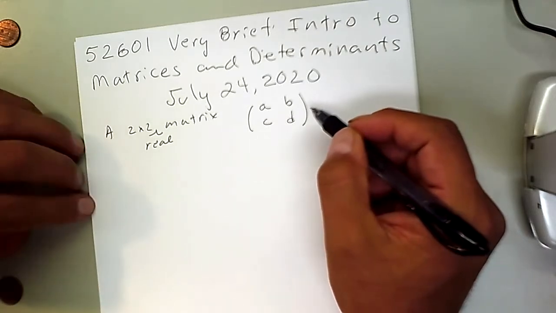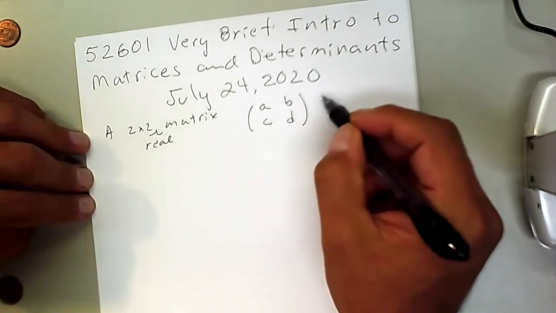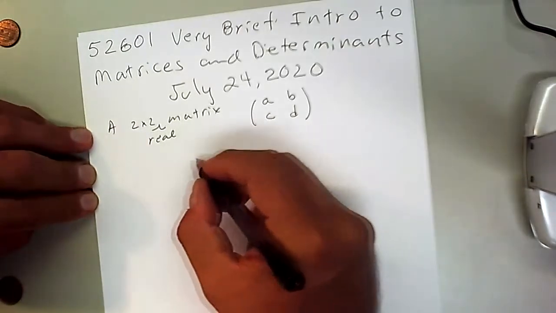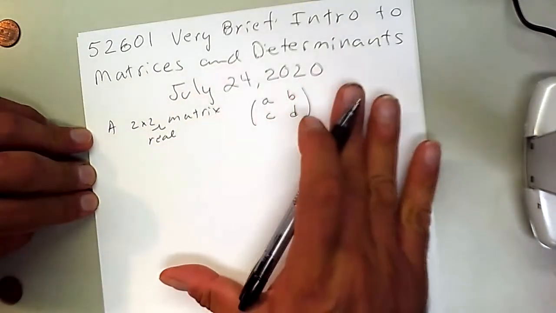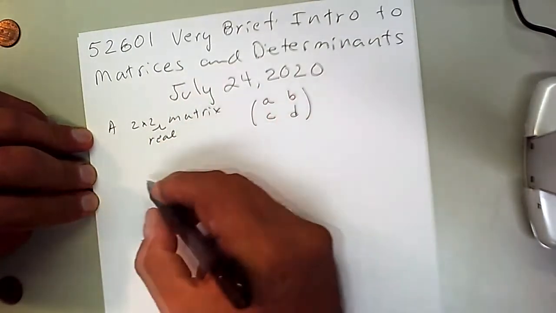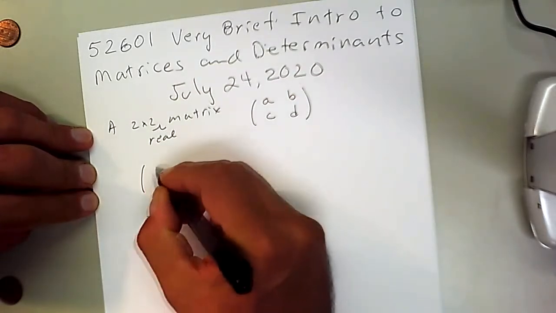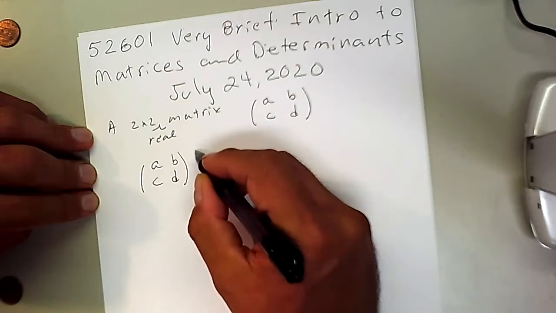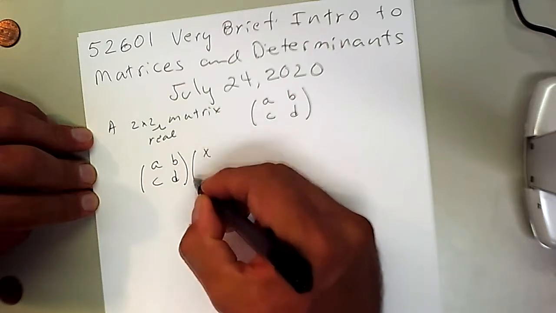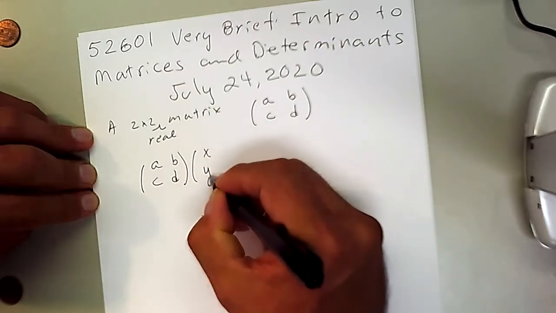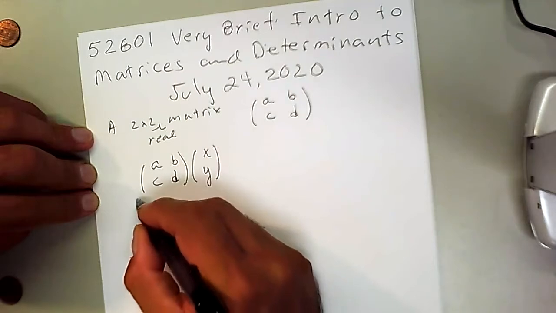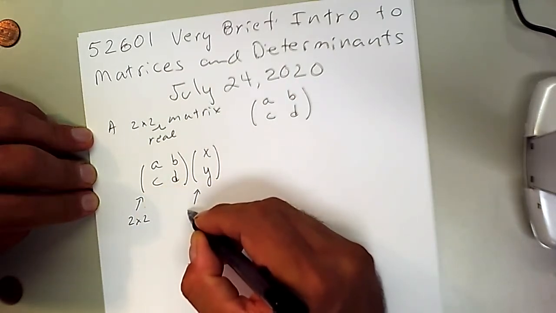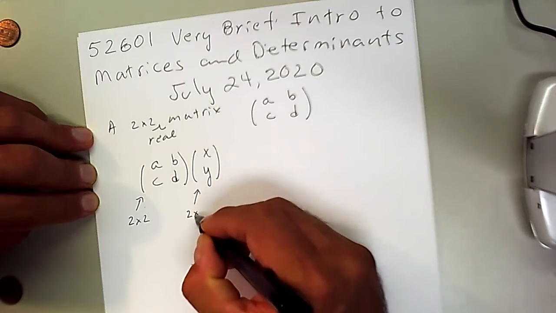We are going to multiply 2 by 2 matrices by 2 by 1 matrices. This is a little bit informal, just a quick review. If you have A, B, C, D, we may multiply by a 2 by 1 matrix, X, Y. Again, this is a 2 by 2 matrix, and this other matrix is a 2 by 1.